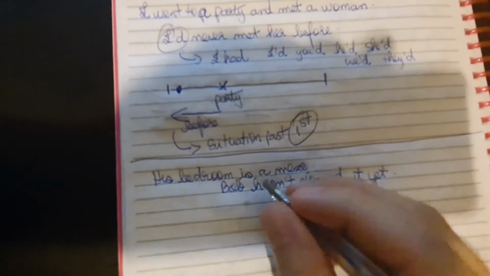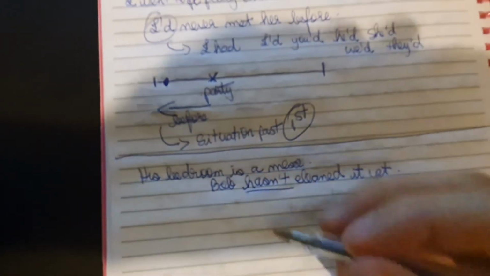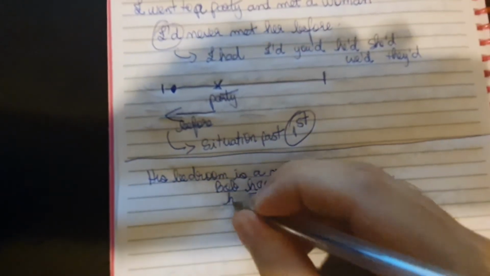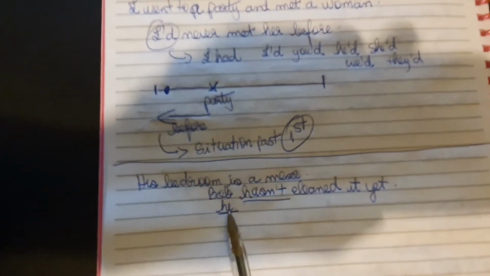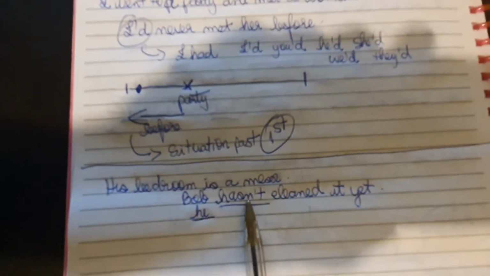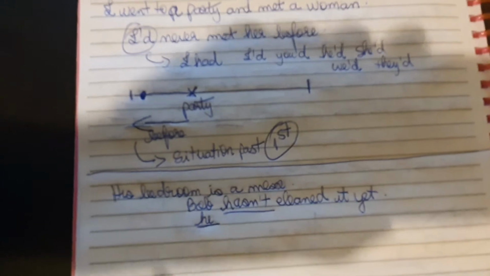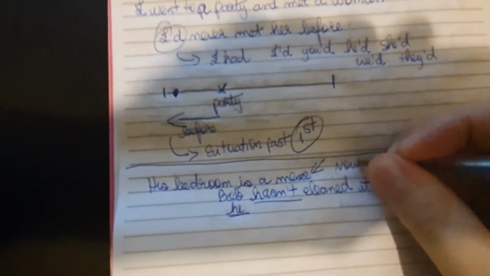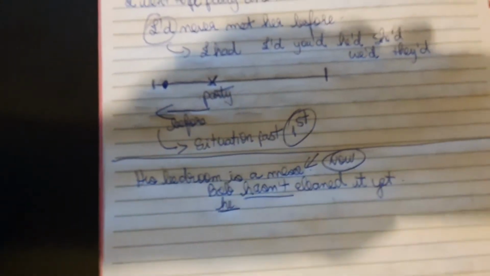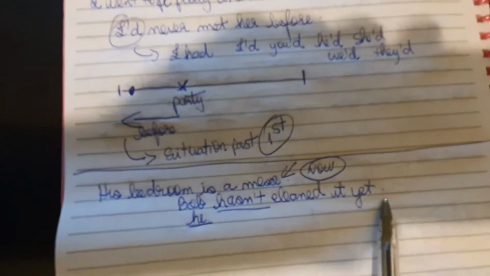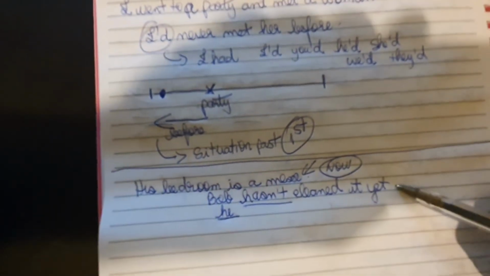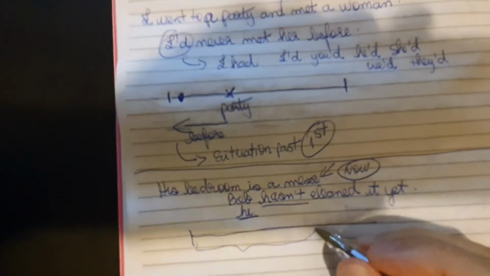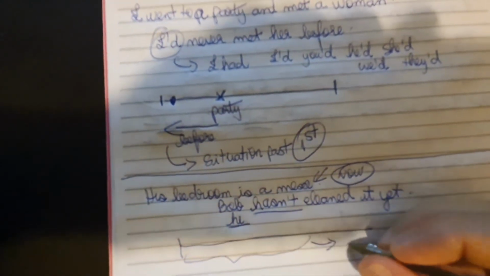Present perfect, because hasn't is the verb to have. The pronoun which corresponds to Bob is he. He hasn't, or he has not. So his bedroom is a mess. This is a situation that refers to now. Bob hasn't cleaned it yet. So remember, the present perfect is something that happened or is happening in the past that has a connection with now.